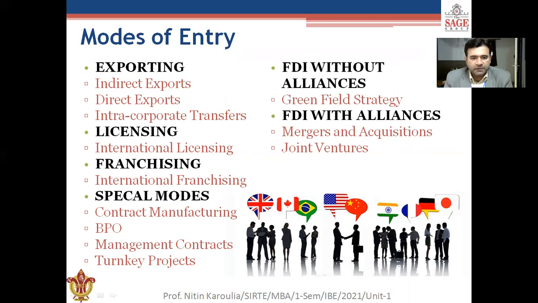Then we have certain special modes, in which we have contract manufacturing, BPO, management contracts, turnkey projects. The next one is FDI without alliances, in which we'll be discussing the greenfield strategy. And the last is FDI with alliances, in which we'll be discussing mergers and acquisitions and joint ventures.